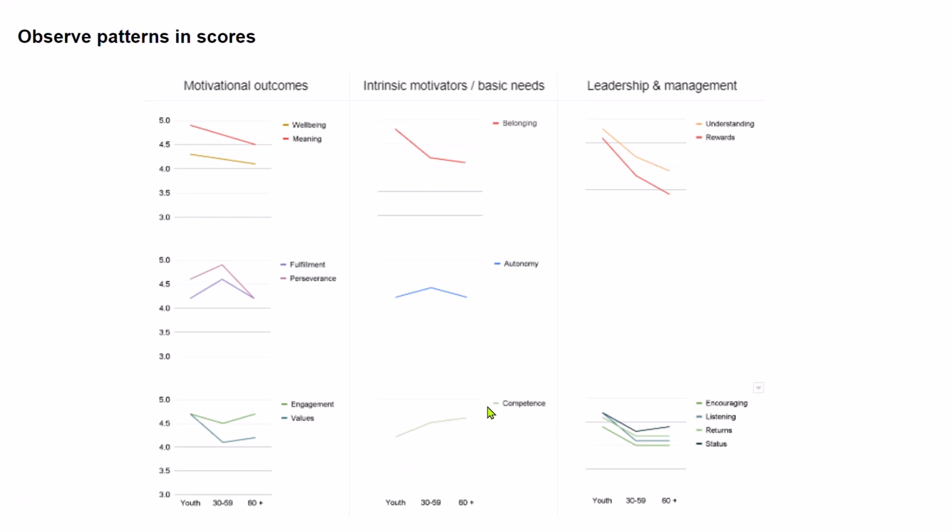So this is sort of visualizing possible correlations: motivational outcomes being associated with belonging, with understanding and rewards. And here, fulfillment and perseverance being somewhat associated to autonomy, levels of autonomy.